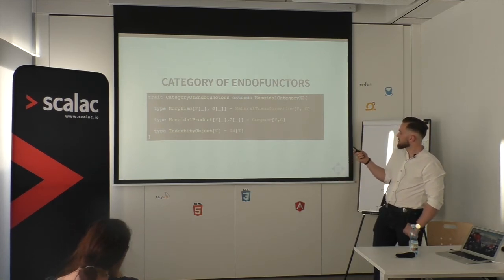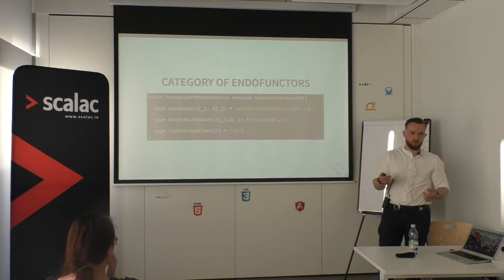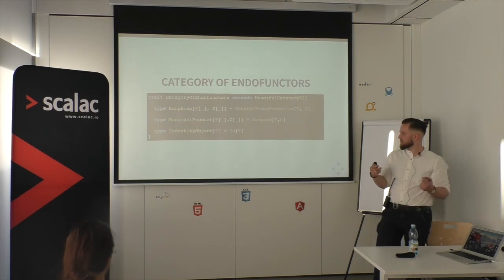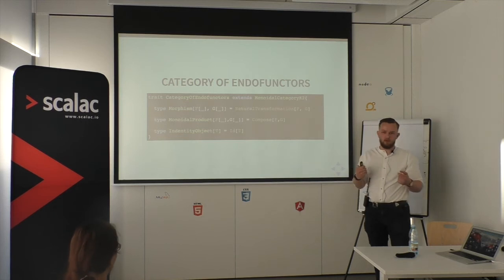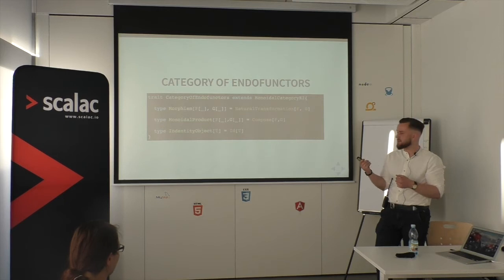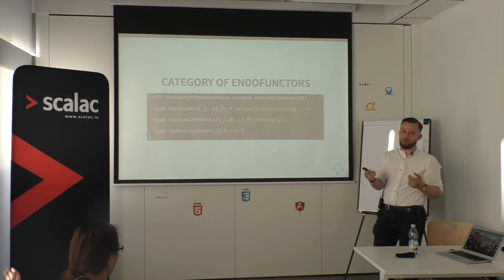And the monoidal product, which was a tuple, now is a composition of these functors. And an identity object, which is a functor as well, is in this ID type we have defined. I have not shown you the instance of functor for this ID, but you can construct this on your own. It's really, really simple.